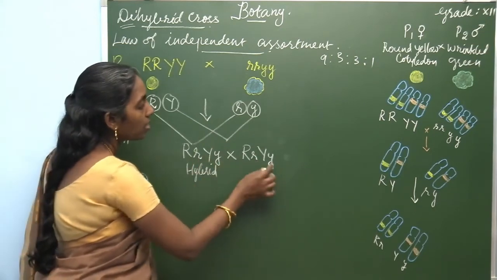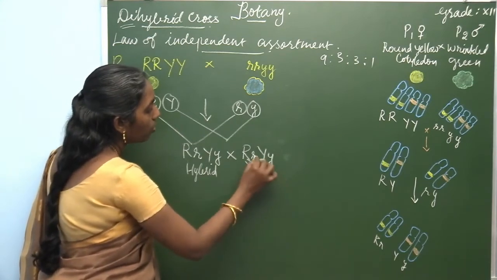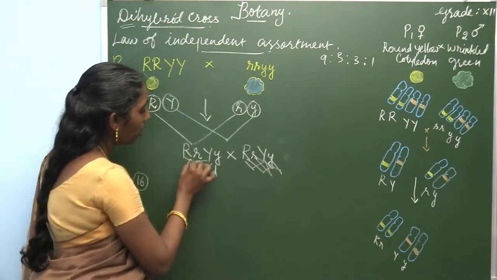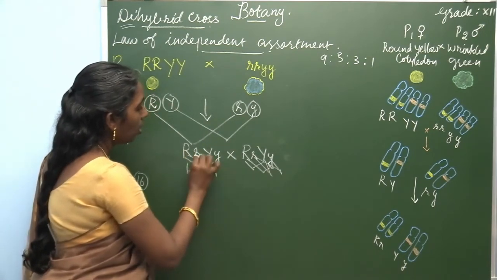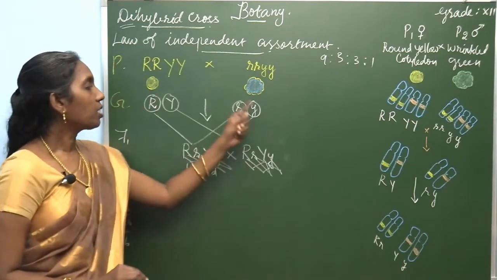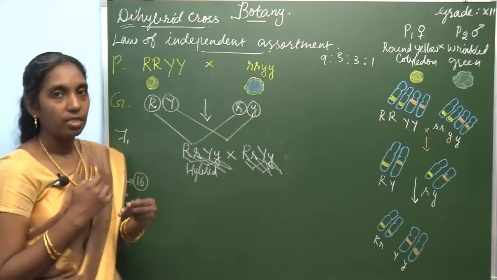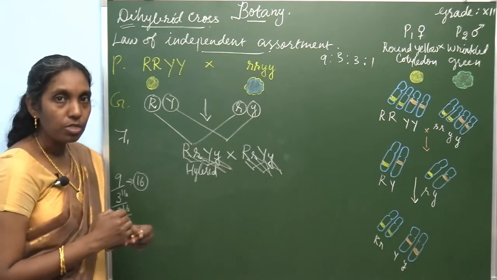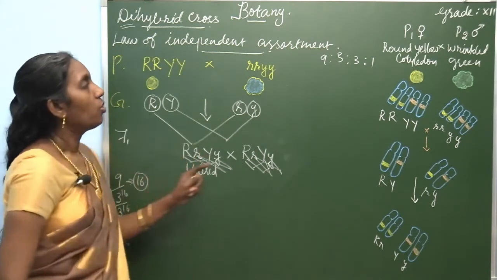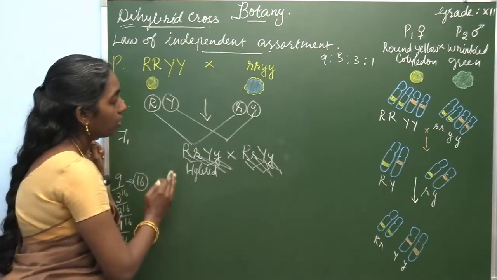In the same way, this also gives capital R, capital Y, capital R, small y, small r, capital Y, small r, small y. So all these gametes are possible here. These combined gametes give 16 different individuals in the ratio 9:3:3:1. Let's see the ratio.